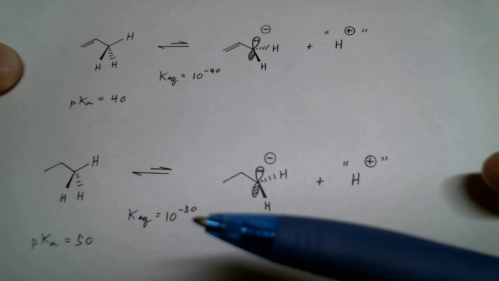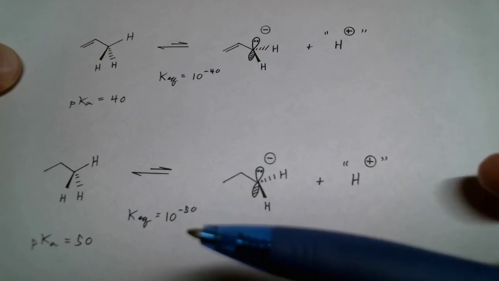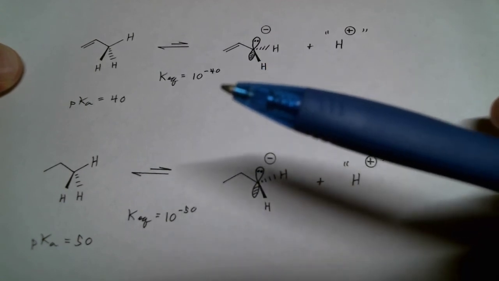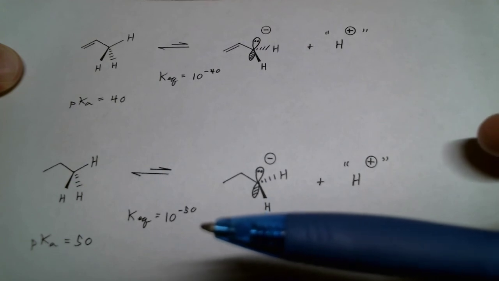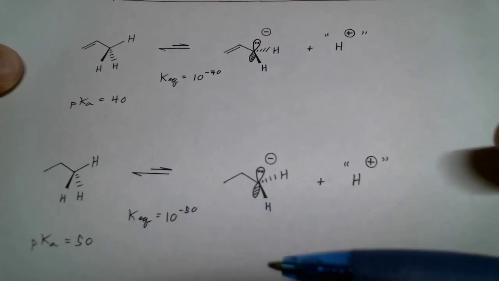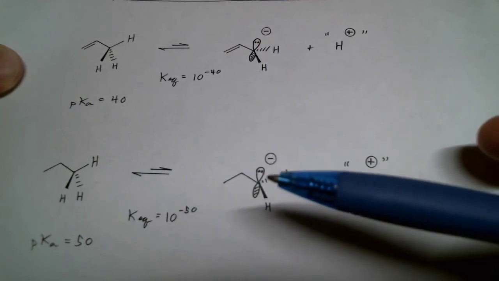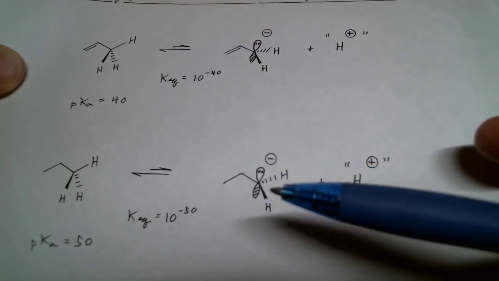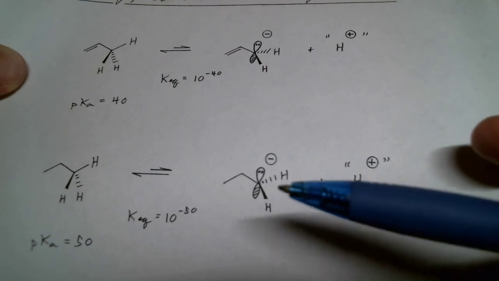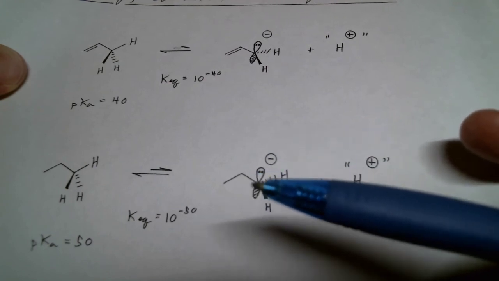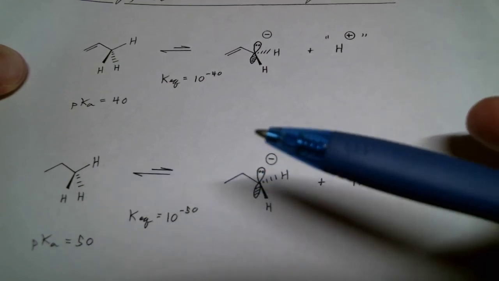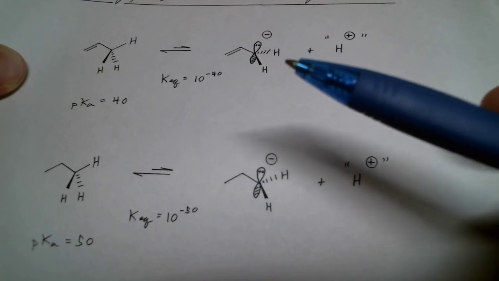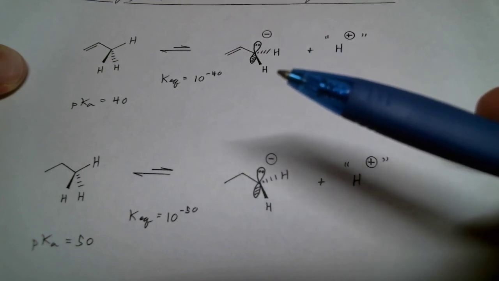The Keq for this bottom reaction is 10 to the minus 50, right? And that's not a great reaction. Of course, propane is not a good acid either, right? But the carbanion formed by plucking a proton off of propane is much more basic than our allylic anion.